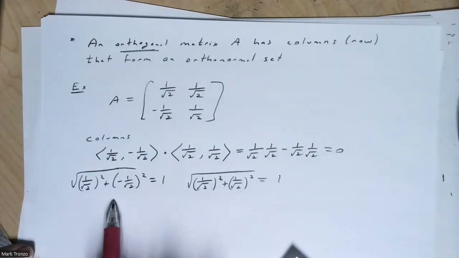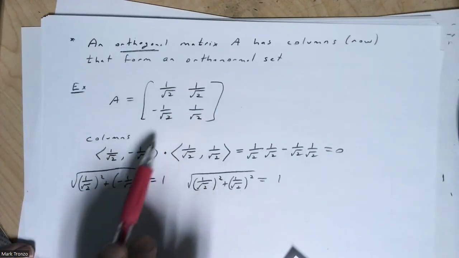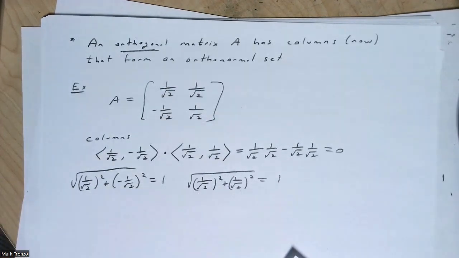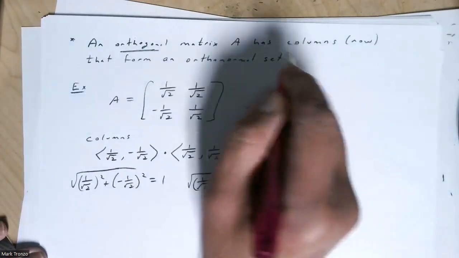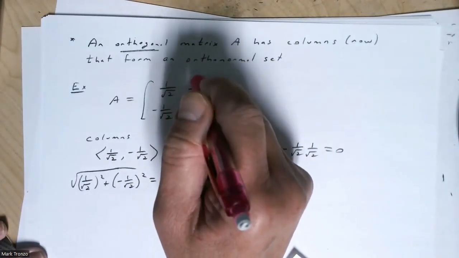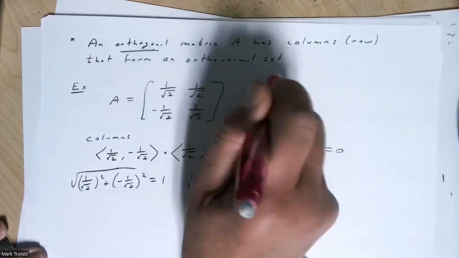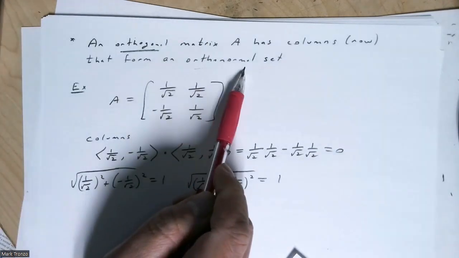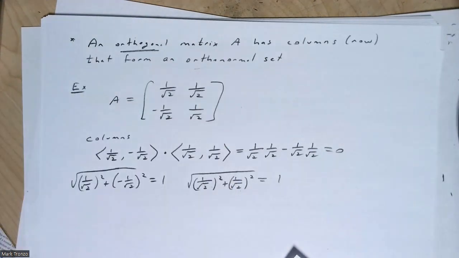Orthonormal implies that the length of each column is equal to 1. But they call matrices such that the columns form orthonormal sets orthogonal. Again, it's not real logical. A few places have taken up the orthonormal name, which makes more sense, but most have not.